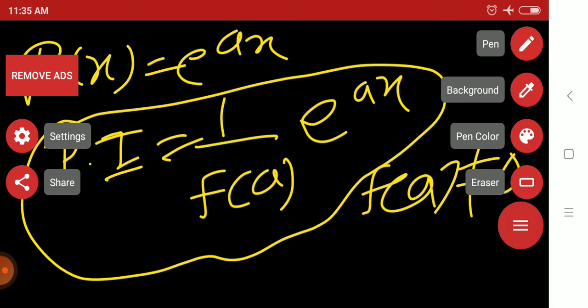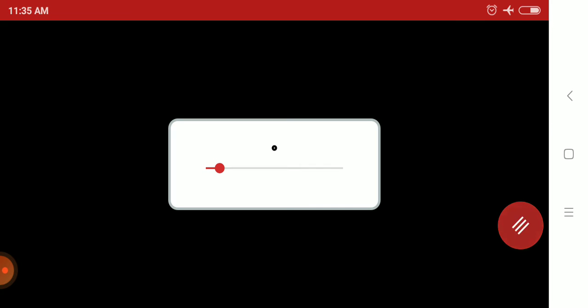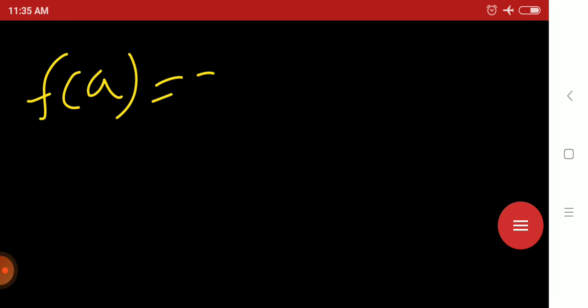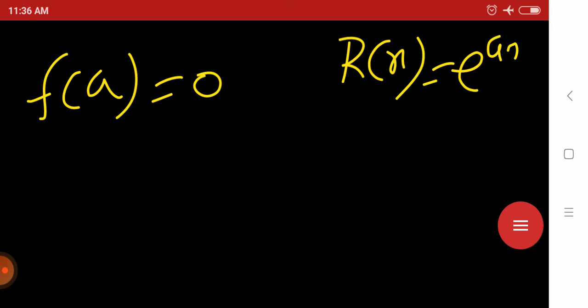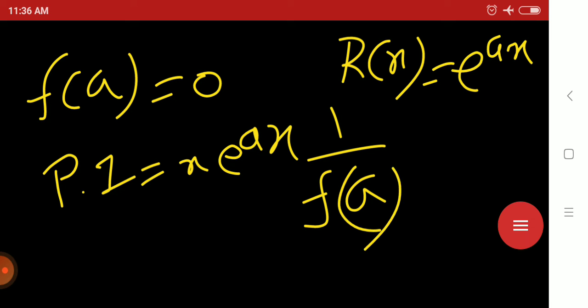Now the second case is that if f of a is 0, then for r of x equals e to the power ax, the particular integral will be x e to the power ax into 1 by f prime of a.